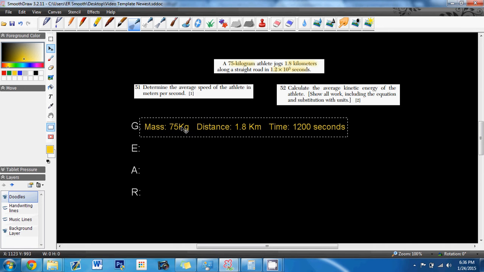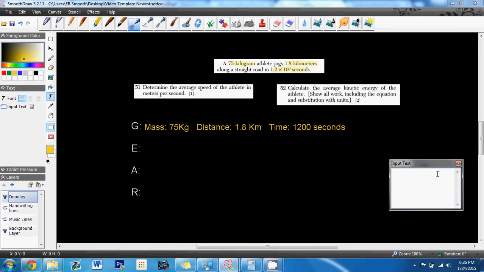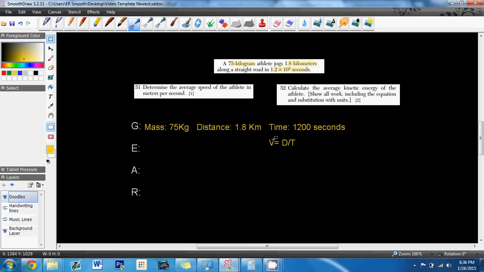All right, there we go. So now we need to find the speed. The equation to find the speed would be velocity equals distance over time. Speed is also velocity. So the equation would be v equals distance over time. All right, that's our equation.